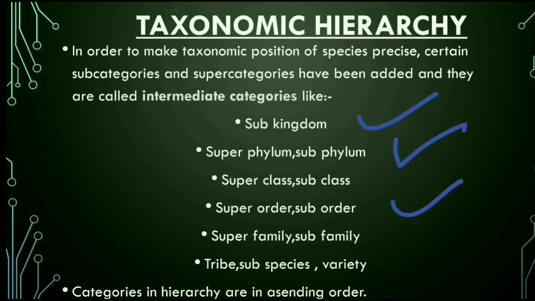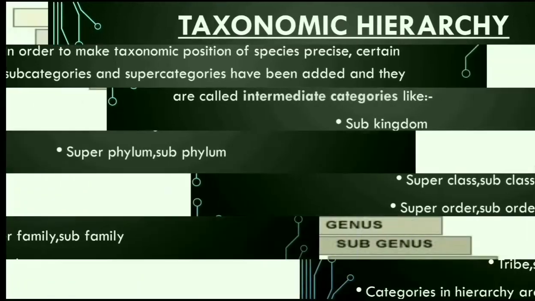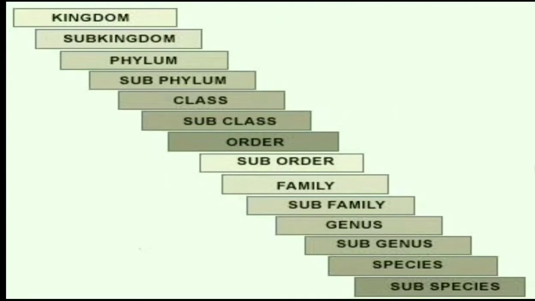Type, subspecies, variety. And categories are in ascending order. It is shown on the basis of subcategories and supercategories. You have to learn about it.